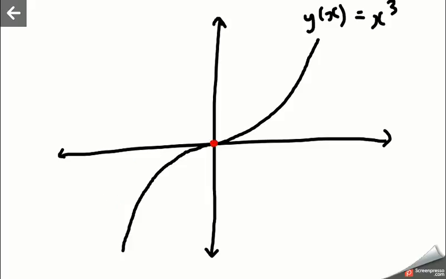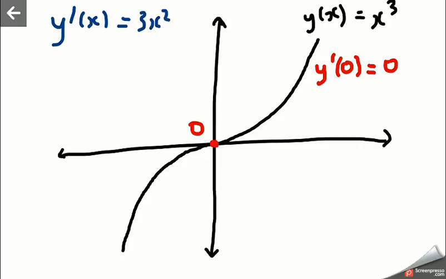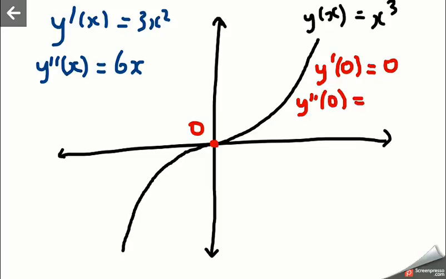And so this point here, this point 0, well, let's do some calculations here, just so you know what I'm talking about. y prime of x is equal to 3x squared, and therefore, differentiating again, y double prime of x is 2 times 3 times x, so 6x. So y prime of 0 is equal to 3 times 0 squared, which is equal to 0, and also y double prime of 0 is equal to 6 times 0, which is equal to 0 again.